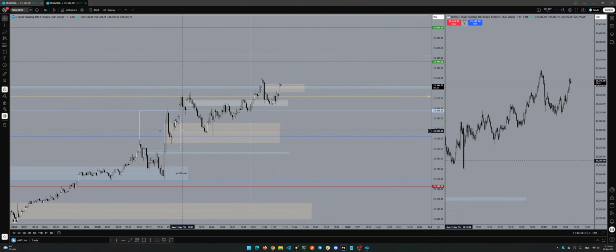It respects the midpoint of orange plus this fair value gap, goes up, raids intermediate lows, closes quite high, works the top of the opening range gap, and then returns back to it.